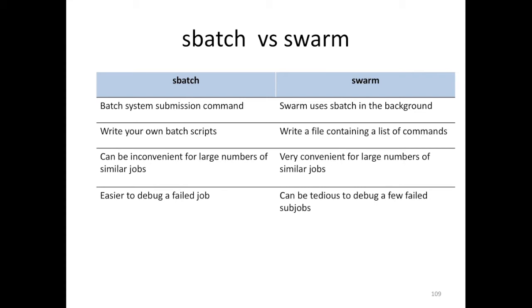With a swarm, a large swarm in particular, if you have 500 jobs and 3 of them fail, the subjob number 3, 18, and 72, for example, it can be a little more work to figure out which commands those corresponded to, why they failed, and how you should fix it. So again, Swarm is very convenient for large numbers of jobs, and it's your choice whether you use sbatch or Swarm, but more than 50% of the jobs submitted on the BioWolf cluster use Swarm.